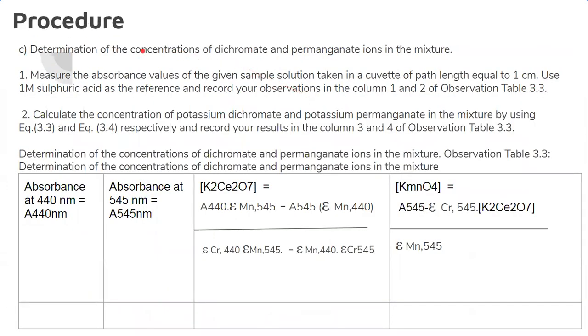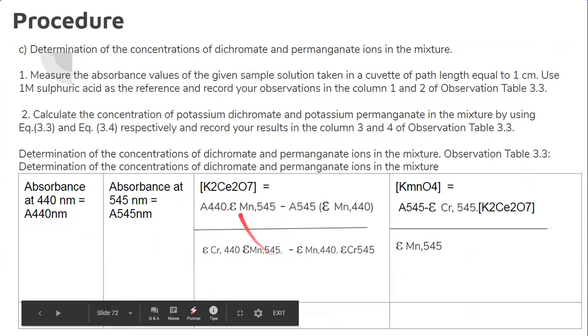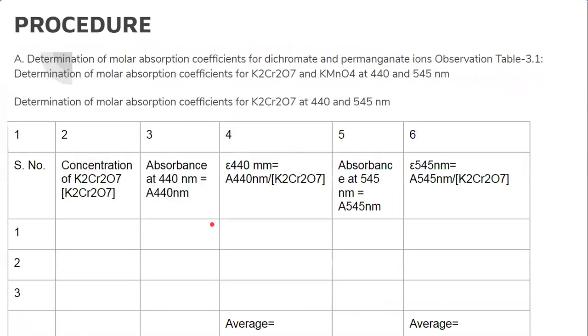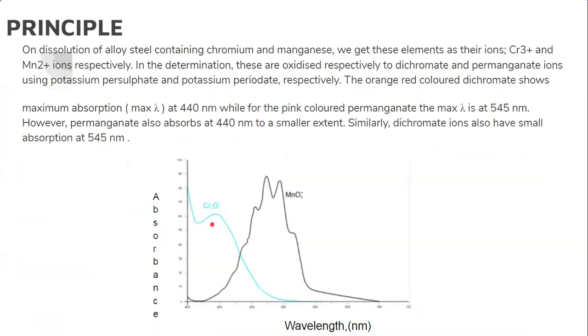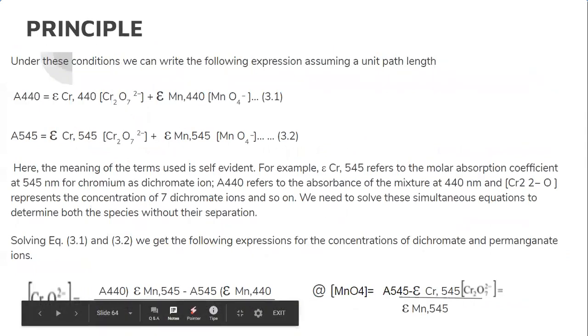That is very, very easy. Whatever values we have obtained so far will be substituted in this formula, equations 3.3 and 3.4. Actually, I am supposed to quote this one as 3.3 and this one as 3.4.